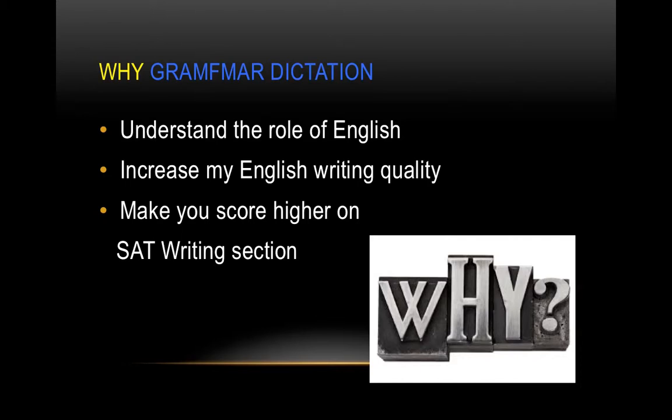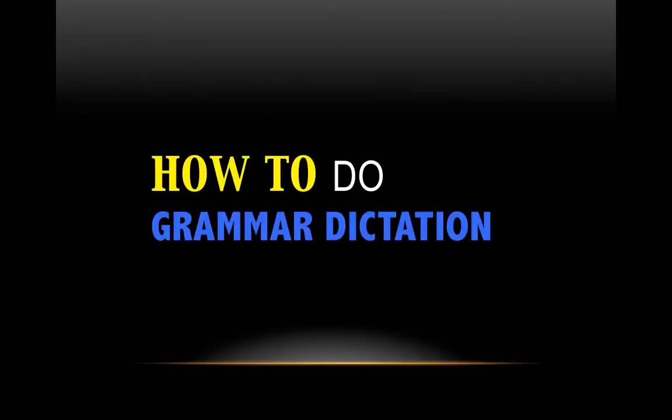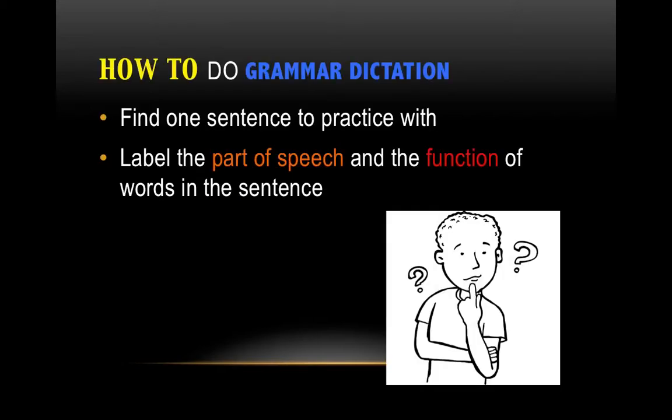Okay, so how to do grammar dictation? Doing grammar dictation is a really simple and easy practice. First, you just need to find one sentence to practice with, or maybe two or more.